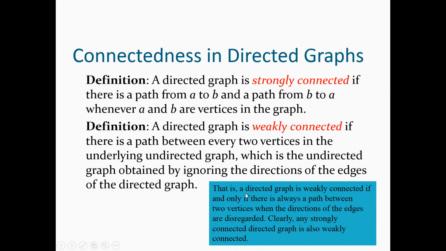Or we can say a directed graph is weakly connected if and only if there is always a path between two vertices when the directions of edges are disregarded. So clearly, every strongly connected graph is weakly connected, but a weakly connected graph is not always strongly connected.